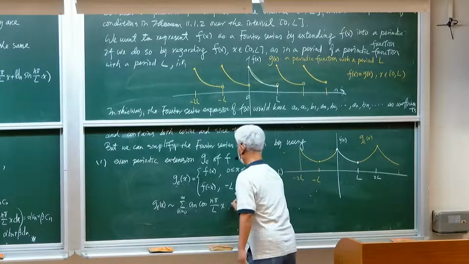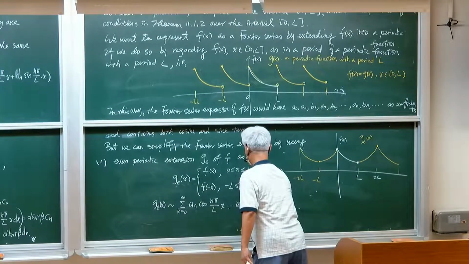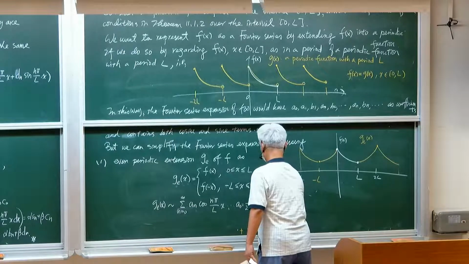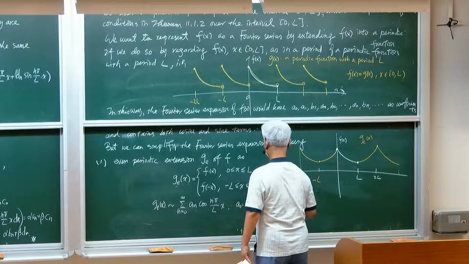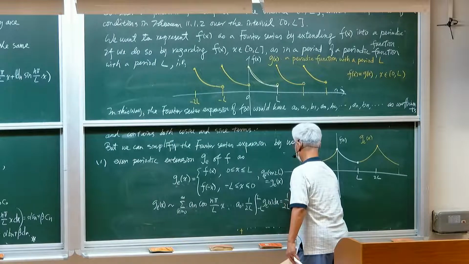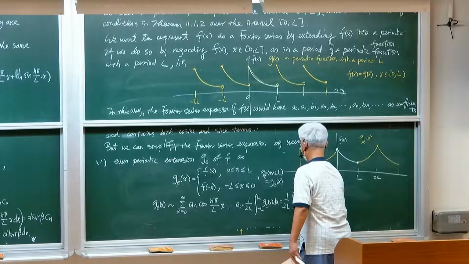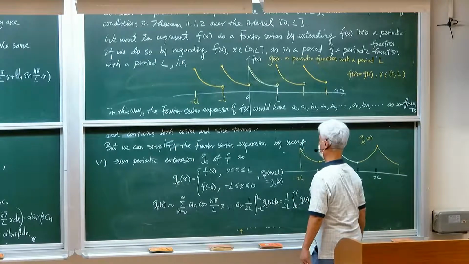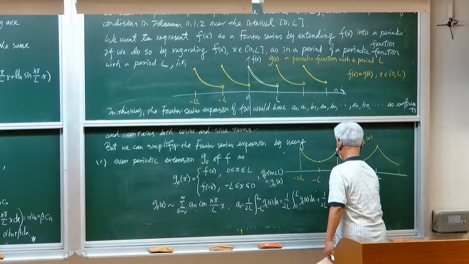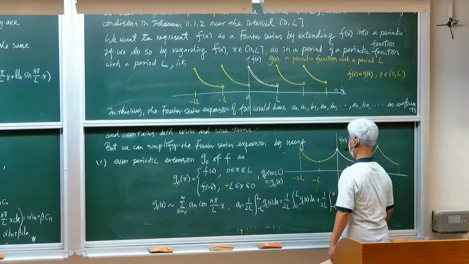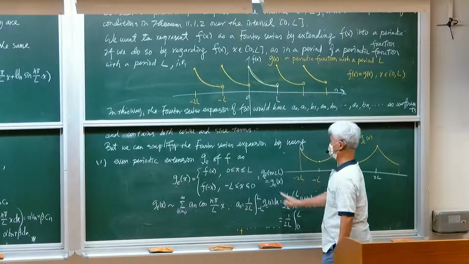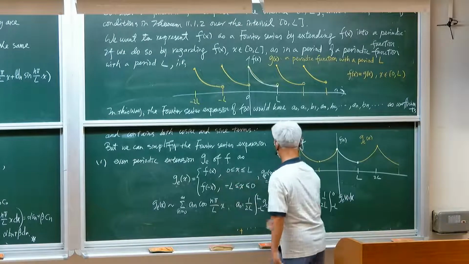Okay, and the a_n, a_0. So you can see that g_e of x, when x is from 0 to L, is f of x.